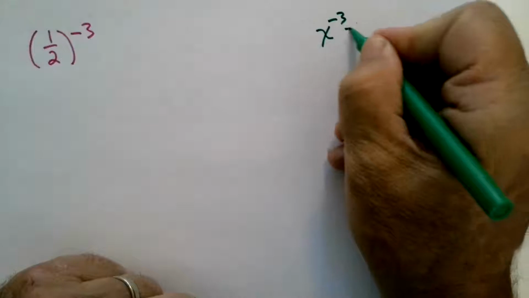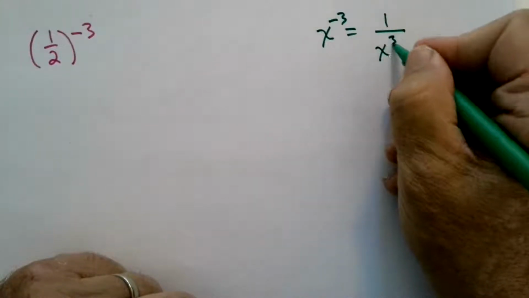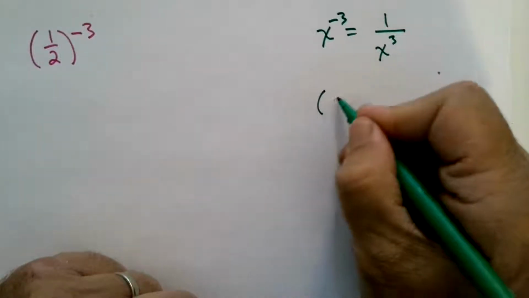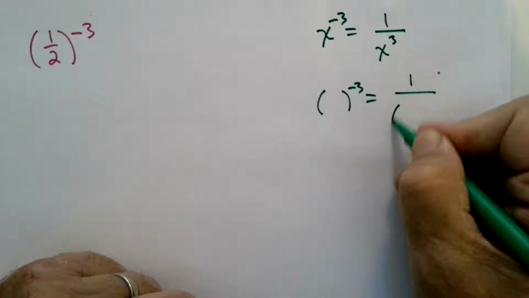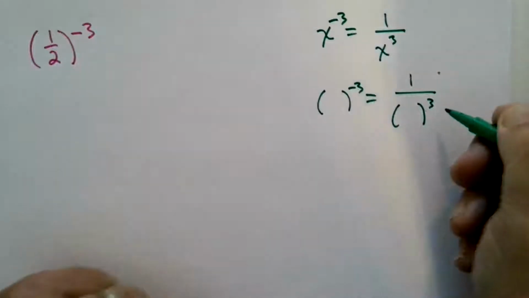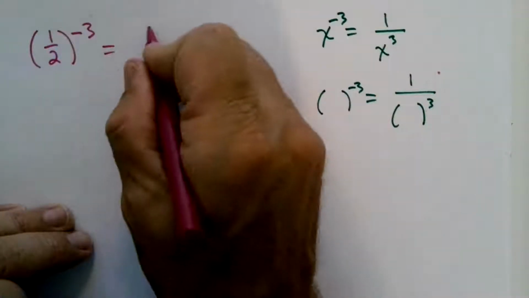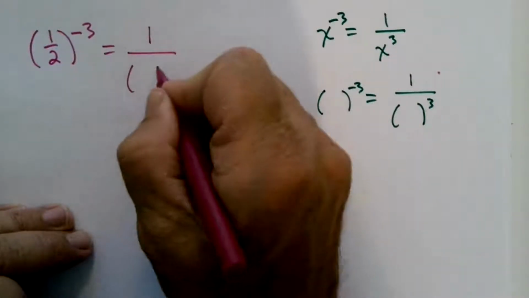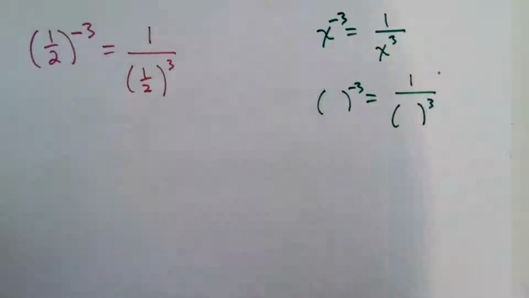X to the -3rd means 1 over x to the 3rd. So something to the -3rd power is 1 over something to the 3rd. What is the something? 1 over 1/2 to the 3rd.